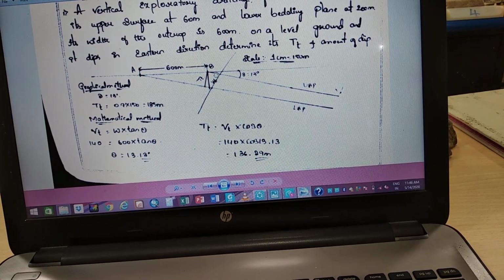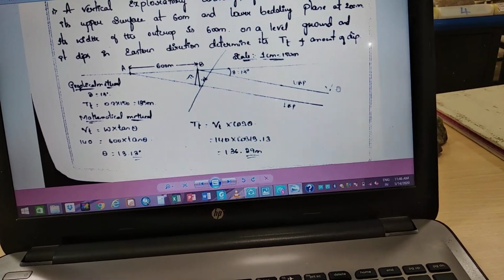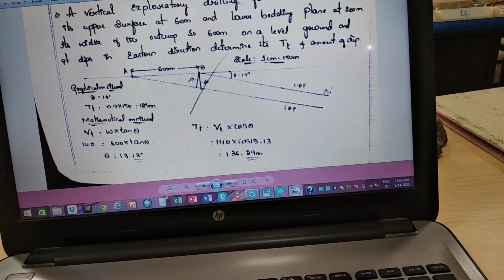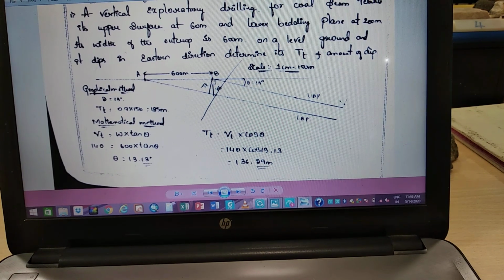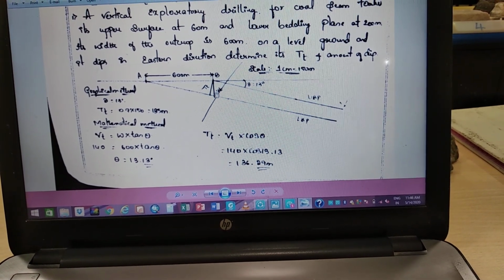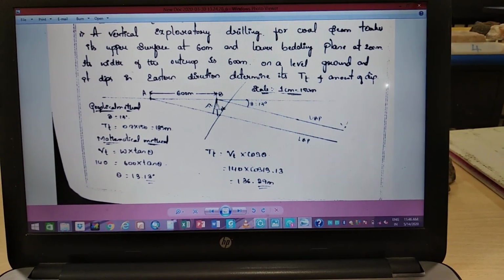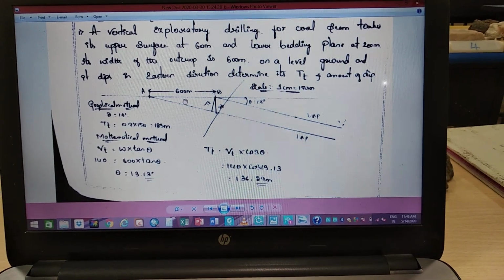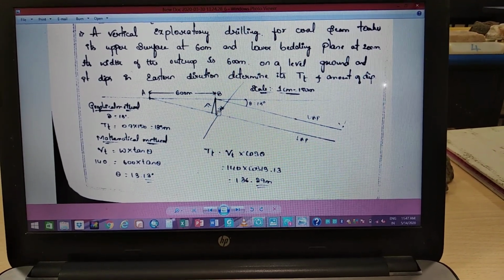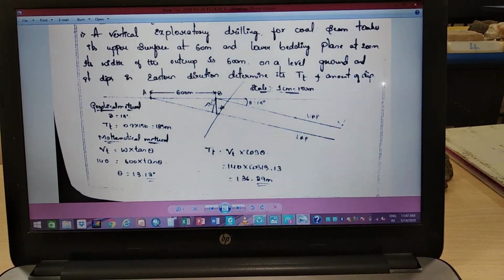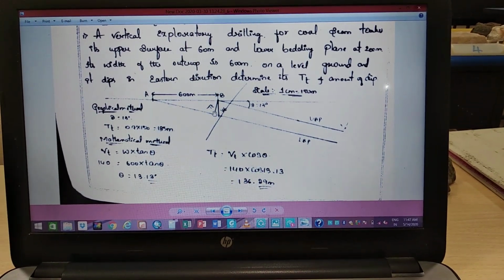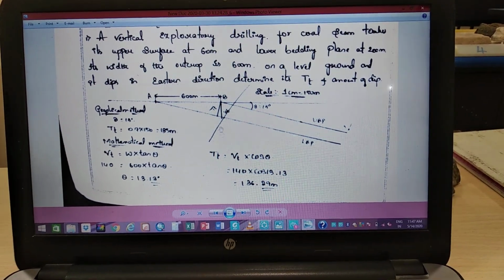You got the 13 degrees, and you mark this one first, the angle of inclination of the bedding planes. Now you need to mark the vertical thickness, 140, perpendicular to the bedding on the ground surface. You mark this and measure how much it is coming, and perpendicular to the upper bedding plane, you draw the line of true thickness and measure how much it is coming.